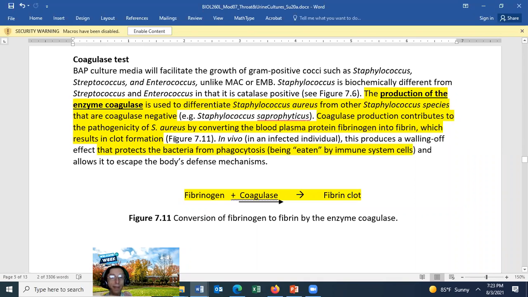This will actually protect the Staphylococcus aureus when the bacterial infection is low in number, because you get a clot around the bacteria. It's harder for the immune system to get in and kill the bacteria. So the clot is something that Staphylococcus aureus uses to help protect the bacteria from the immune system, largely preventing or helping prevent phagocytosis.